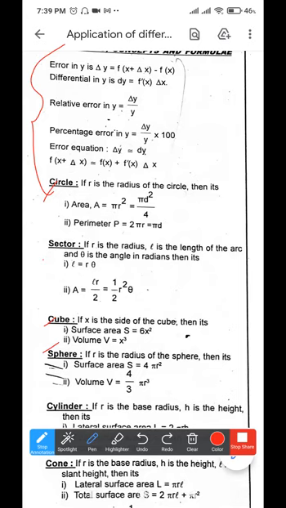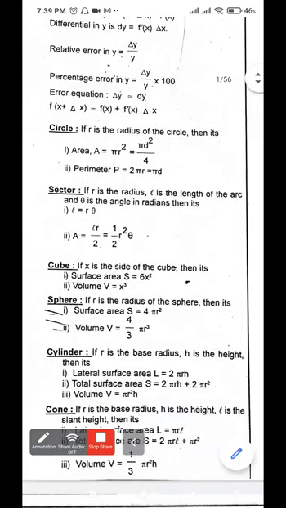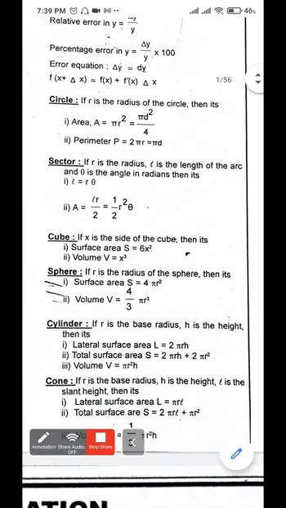If x is the side of the cube, surface area will be 6 x square, and the volume of the cube is x cube. Surface area of sphere is 4 pi r square. Volume of the sphere is 4 by 3 pi r cube. Next, cylinder: r is the base radius and h is the height.